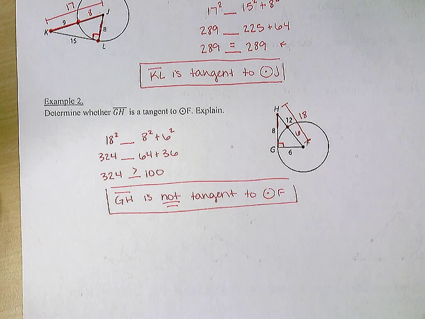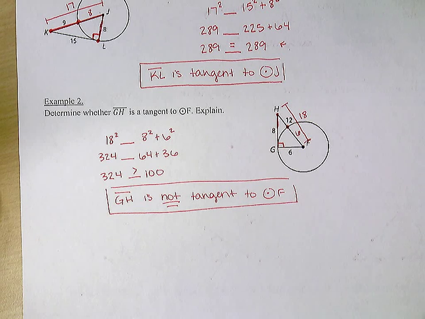In the directions it says assume that segments that appear to be tangent are tangent. So segment JK in number 1 is tangent. That means HJ and JK are perpendicular and form a 90-degree angle. So you can use the Pythagorean theorem to find the missing side. That's true for numbers 2 and 3 as well.